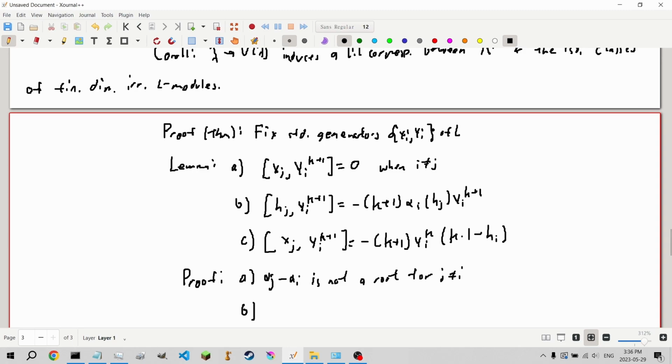Part B is by induction on k. For k equals 0, then we just get that hj with yi is equal to negative alpha i of hj on yi.